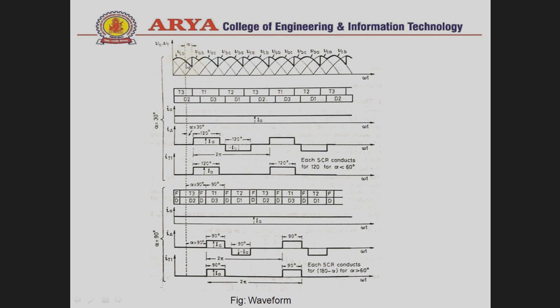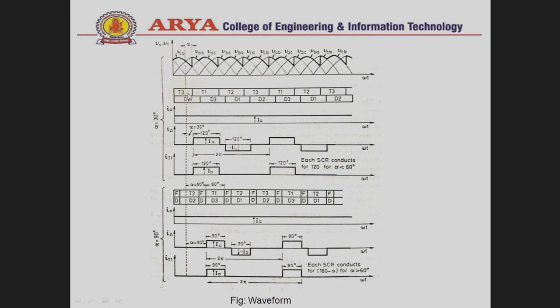If voltage starts from this point to this higher point, this voltage is due to VAB, meaning phase A and phase B. This is the crossover point. If we consider VCB, phase C is working and phase C is connected to thyristor T3.